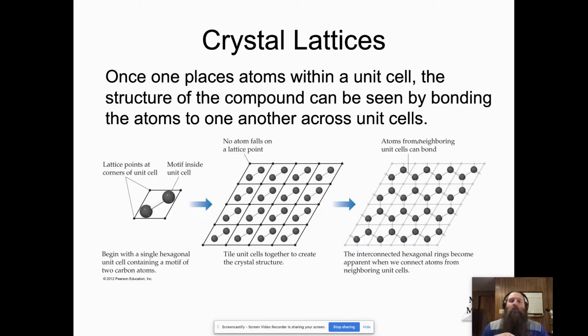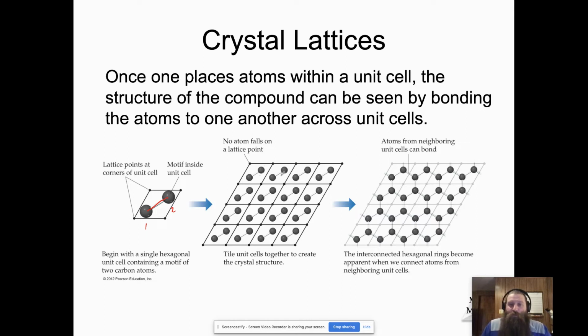Now, if you're drawing a crystal lattice or you're trying to visualize it, you put your atoms in your unit cell, and then the structure of the compound is generated by bonding the atoms across unit cells. So in this specific unit cell, we have 2 atoms, right? We have atom number 1 and we have atom number 2, and they are bonded right there. Once I have the lattice, I make a set of tiles, right?